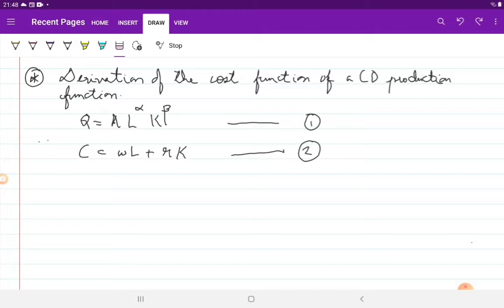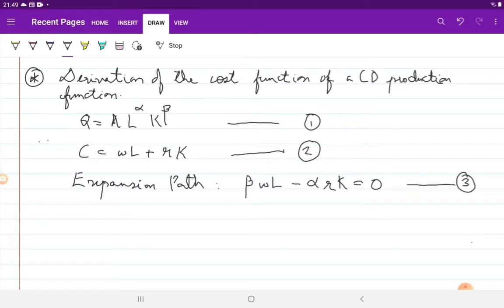And all such equilibrium points will fall along the expansion path, whose equation is beta times WL minus alpha times RK equal to 0.